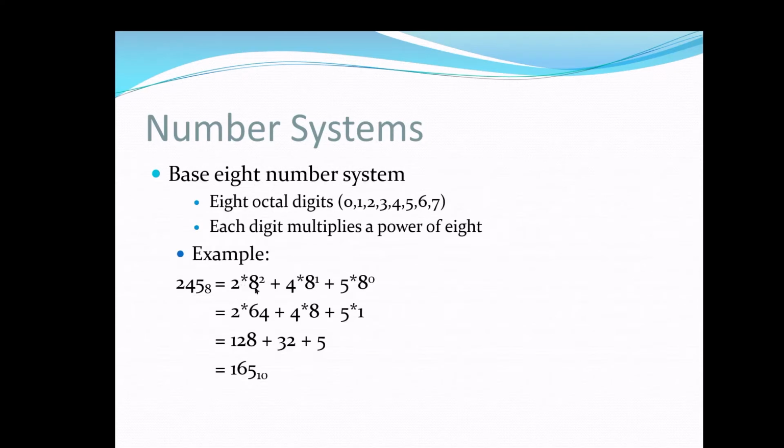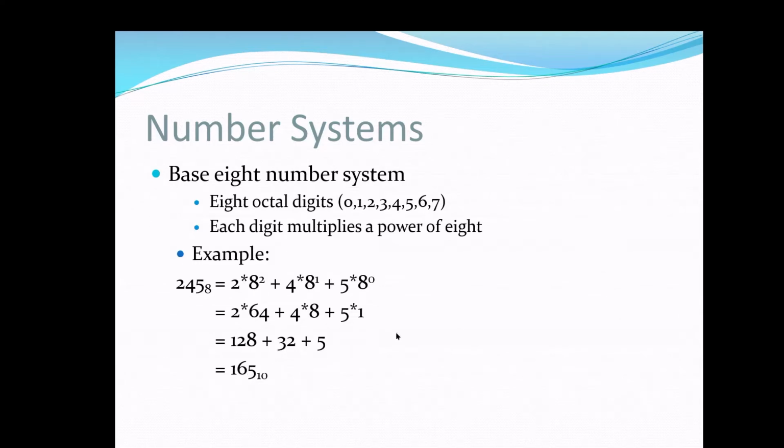We can do 2 times 8 to the 2 plus 4 times 8 to the 1 plus 5 times 8 to the 0. And if we add those all together, we come up with 165 base 10. So if you started with a base 8 number, 2, 4, 5, base 8, you would get 165 base 10.